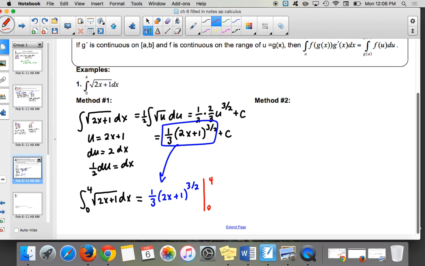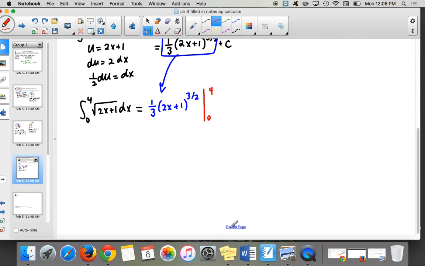And then you just do it normally. So you're going to plug in 4. When you plug in 4, you get 2 times 4 is 8, plus 1 is 9. So you're going to have 1/3 of 9 to the 3/2 minus 1/3 of 1 to the 3/2, right, when you plug in 0?